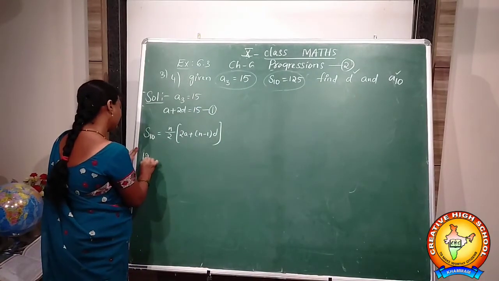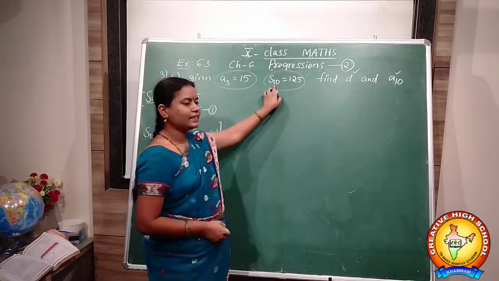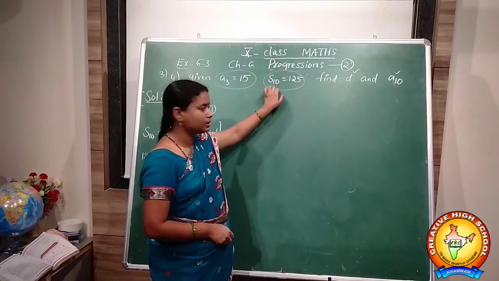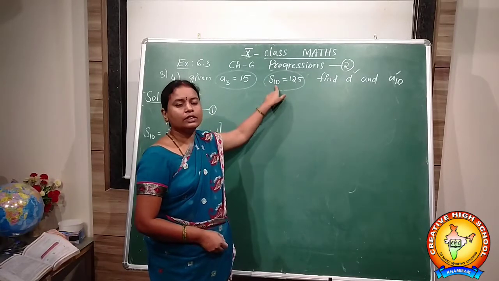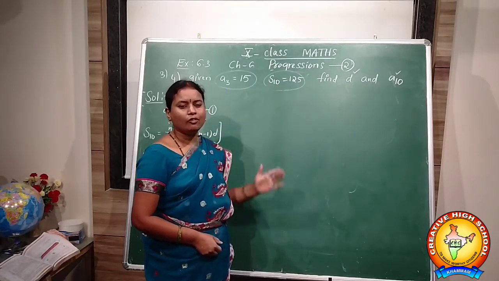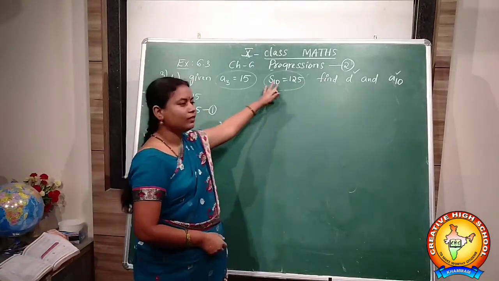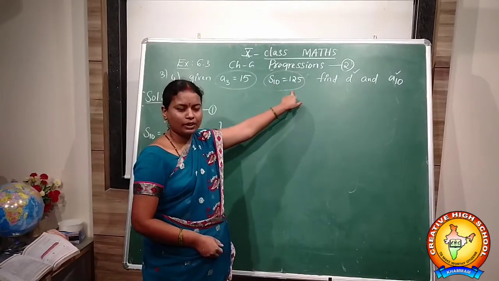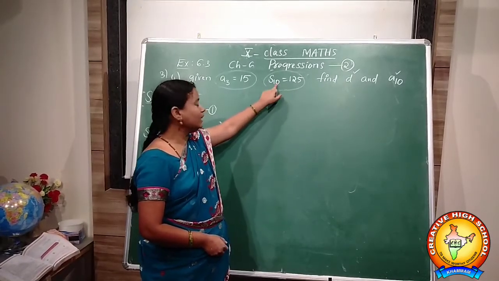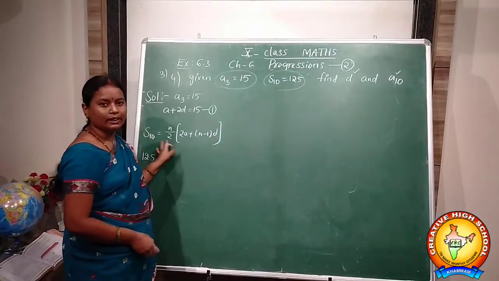S10 is equal to 125. And already I told you, this is the Sn formula, sum of n terms. In the place of n, what is there? Yes, 10 is there. So that's why here we can take n value as 10. Okay, do you understand? Why am I taking n value as 10? Because this is the sum of n terms. So what is n here? 10 here. So that's why I am taking n value as 10.